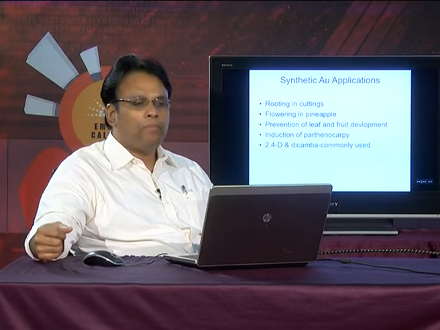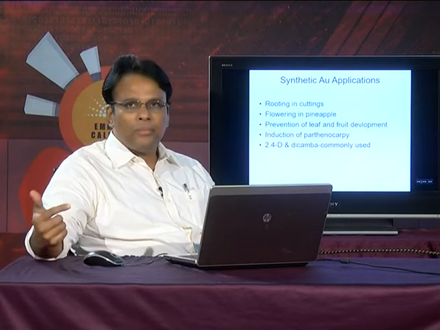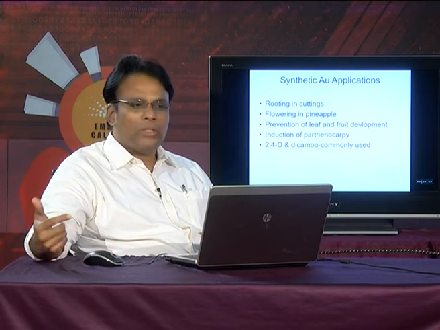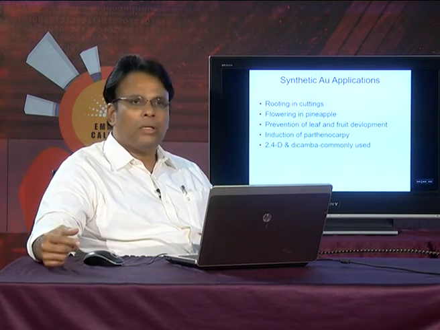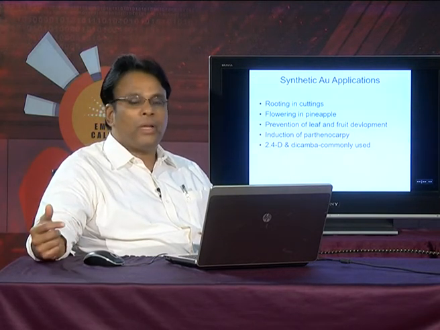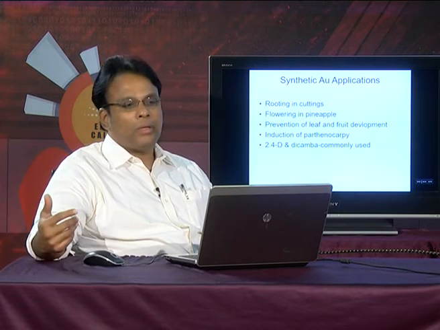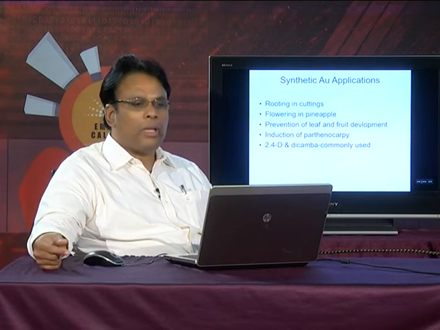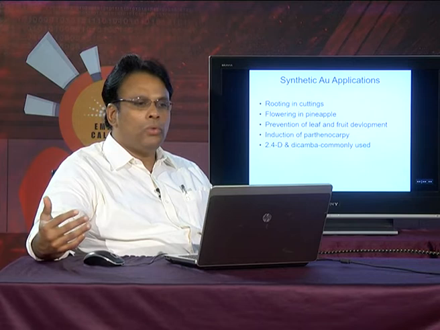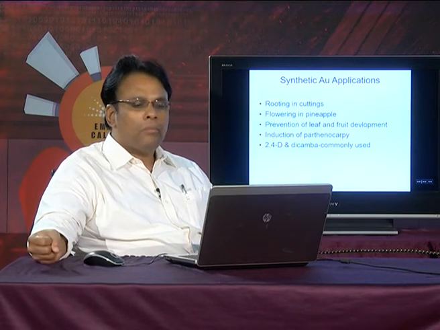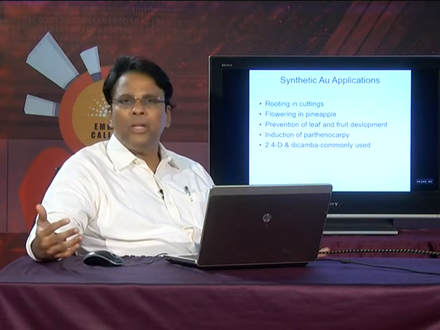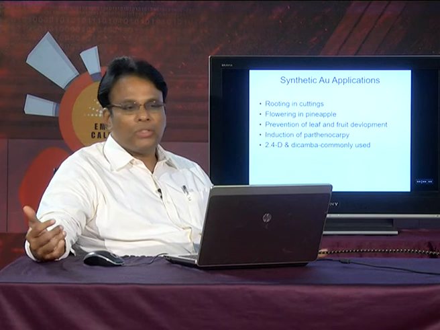out very quickly. Flowering in pineapple is also affected by the auxin application, and it is being practiced in big pineapple orchards. Prevention of leaf and fruit drop is also possible with the auxin application, because premature falling of fruit is a big issue in the case of big orchards.